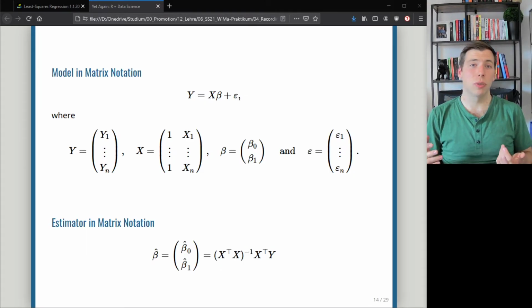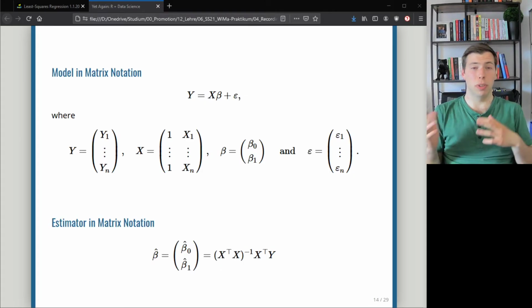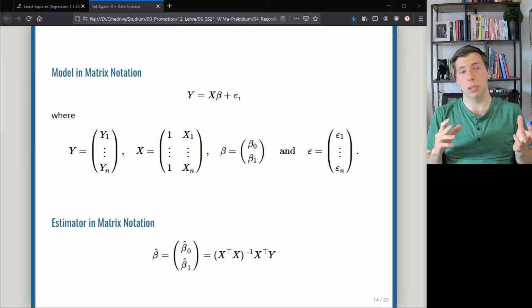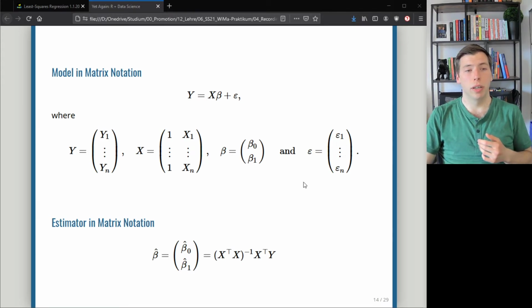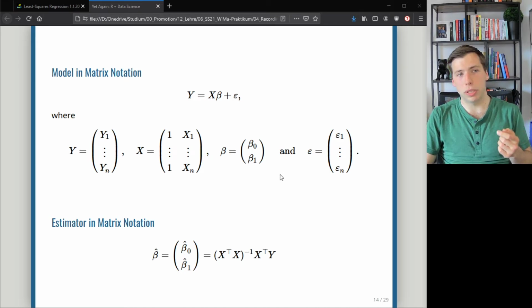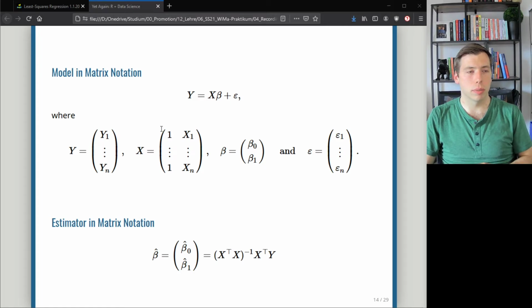And all we have to do to make the transition to multiple linear models is think of our simple linear model equation, which we already know by now, in matrix notation. So we can rewrite our y_i equal to beta naught plus beta 1 times x_i plus epsilon_i for all i between 1 and n.